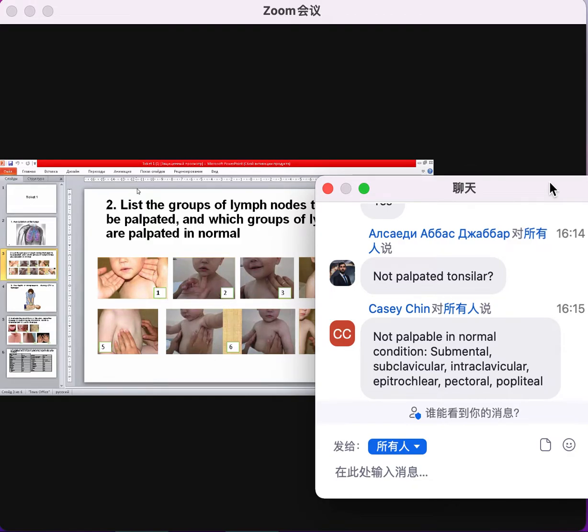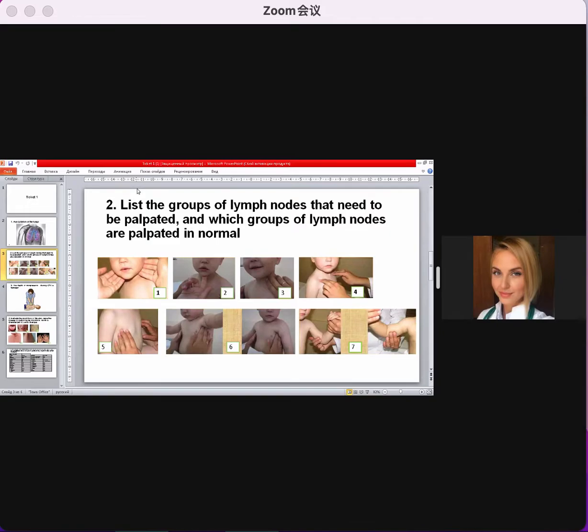Submental, subclavicular, infraclavicular, epitrochlear, pectoral, and popliteal. Can you repeat them again, please? Just look at the chat, please. Casey wrote it.